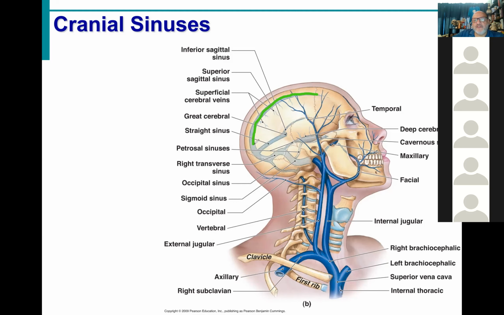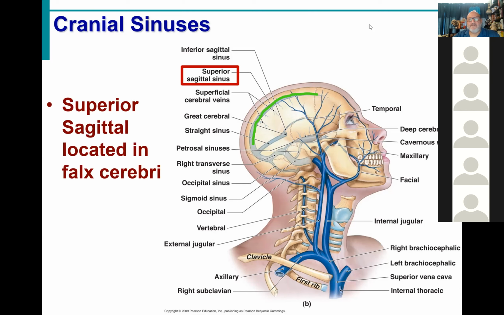And so, of course, one of the biggest ones is our superior sagittal sinus, a big, large sinus that is located in the falx cerebri, between the two layers, basically sits along the top of the longitudinal fissure between the two hemispheres of our brain.